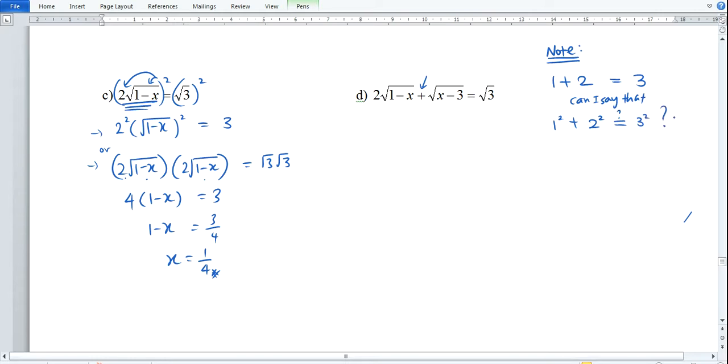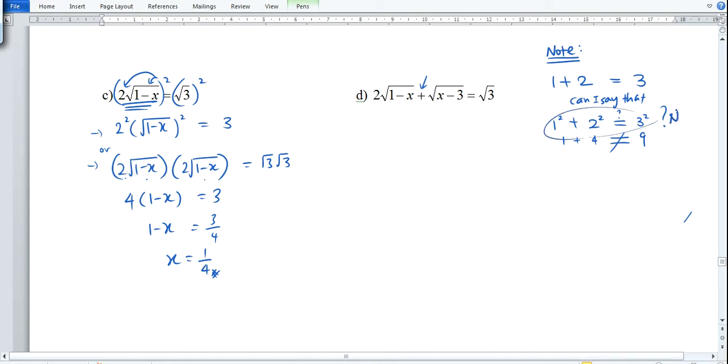Is it correct? So let's see. 1 square is 1, 2 square is 4. However, 3 square is 9. So I can see that they are not equal and they don't make sense. So you cannot square each term in this way.